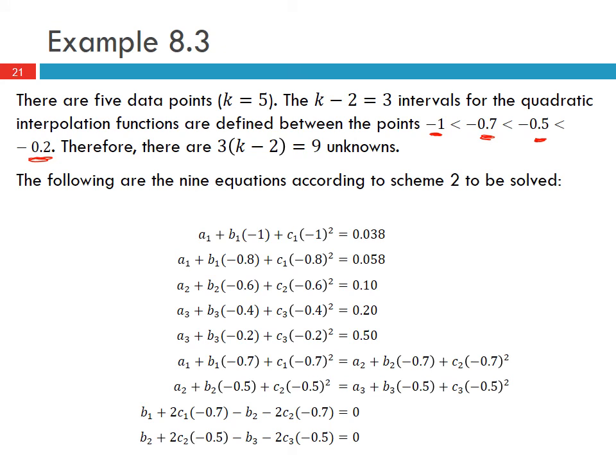So the 9 equations developed according to scheme 2 are shown here. The first ones come from setting that the functions have to pass through the data points, and then these come from setting that the equations have to be continuous at the internal interval endpoints, and then this is that the first derivatives have to be continuous at the internal interval endpoints.